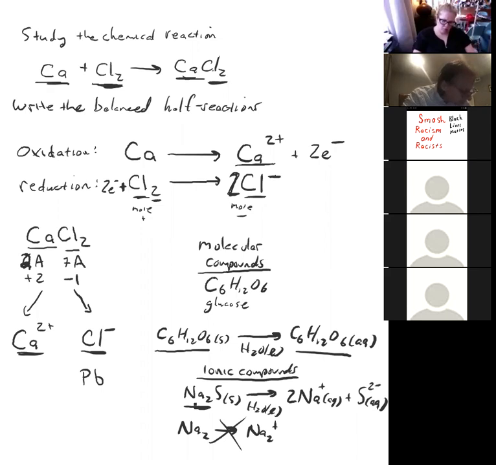This is sodium. It doesn't matter how many are in the formula. They're actually going to break up into separate ions. And here's the notation that we use. Think of a bicycle. A bicycle has 2 wheels on it. But if you disassemble the bicycle, you don't get a double wheel.